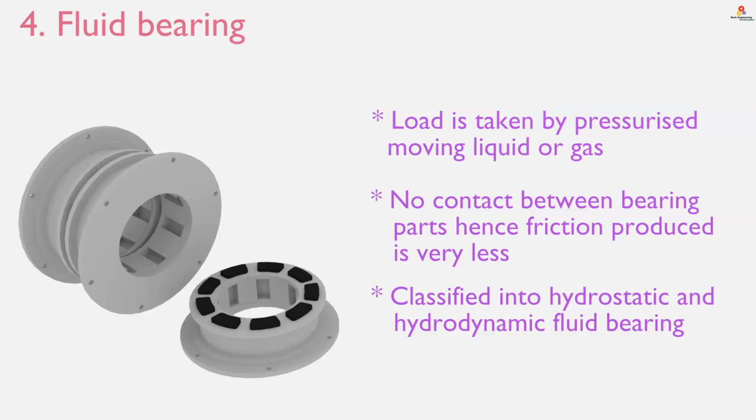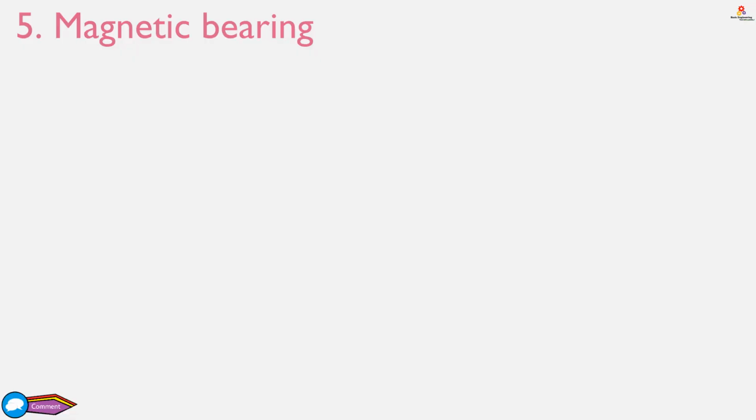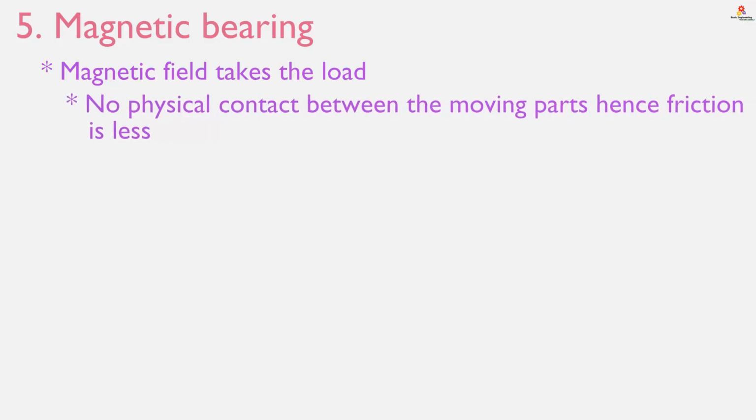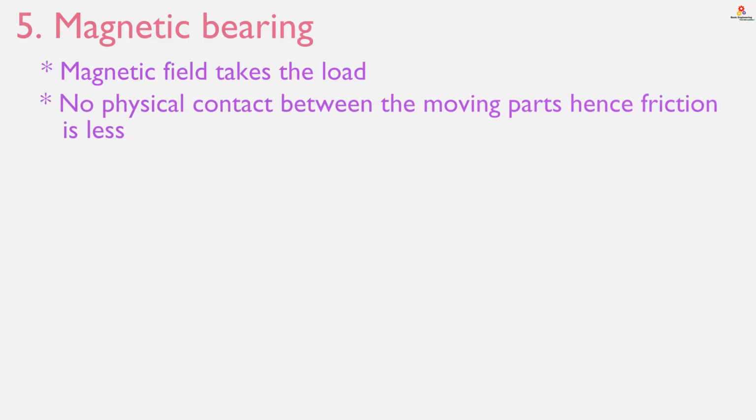The next type is magnetic bearings. In these bearings, a magnetic field is generated which takes the load. The magnetic force is used to counteract the effect of load. Again, there is no physical contact between the moving parts. Hence, the friction will be low in this case also.